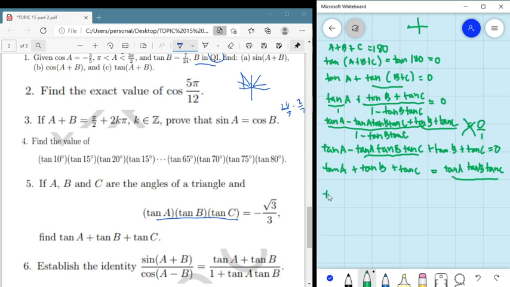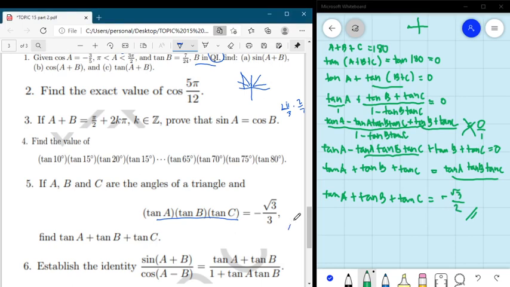So that's why tangent A plus tangent B plus tangent C is equal to negative square root of 3 over 3. Okay, so this is the answer for number 5.